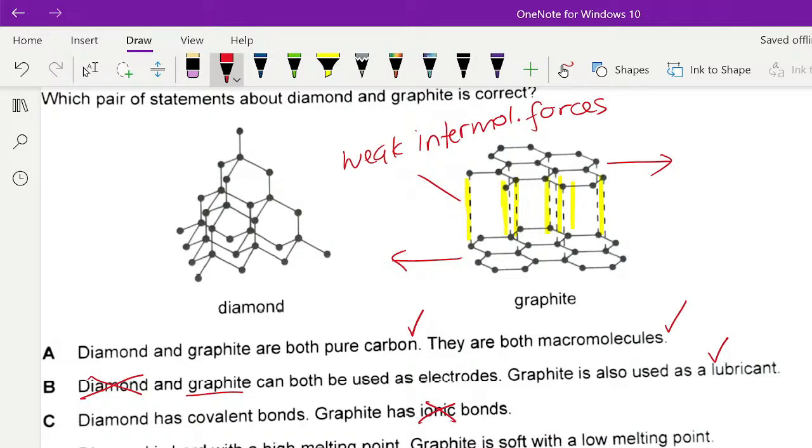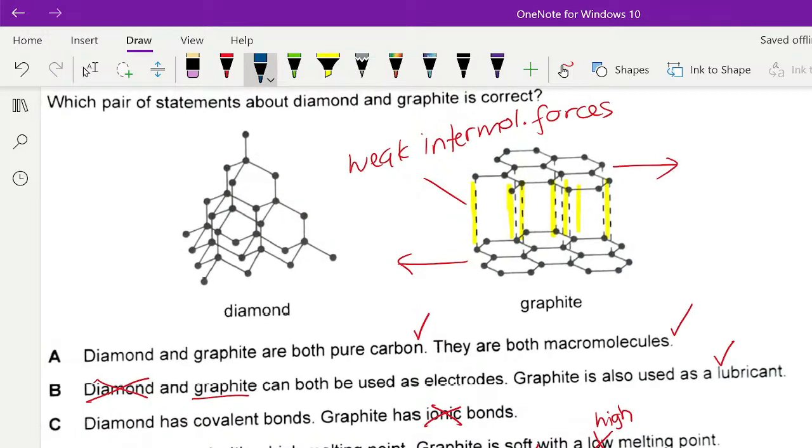Diamond is hard and has a high melting point. That is correct. Graphite is soft, again due to the weak intermolecular forces, but still has a high melting point. The reason why graphite and diamond have very high melting points is because they are giant covalent structures. So they have numerous strong covalent bonds.